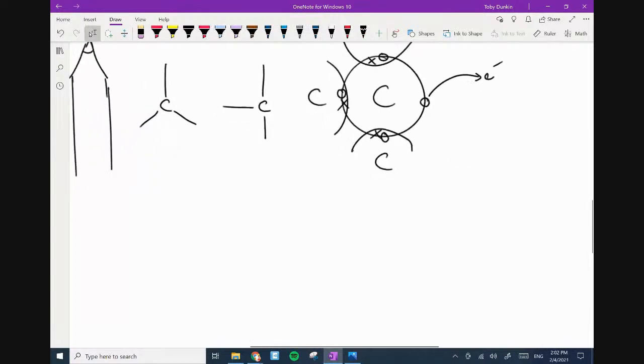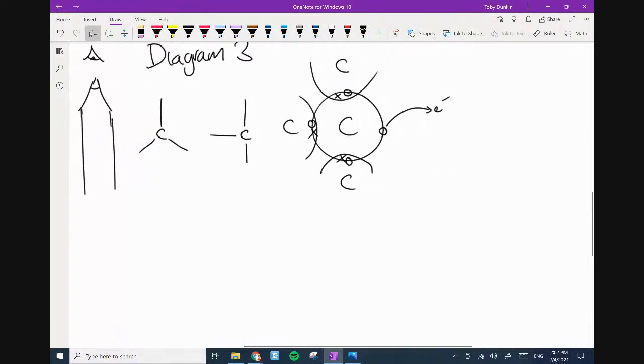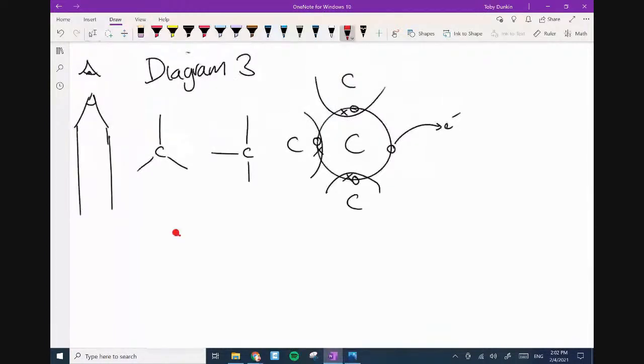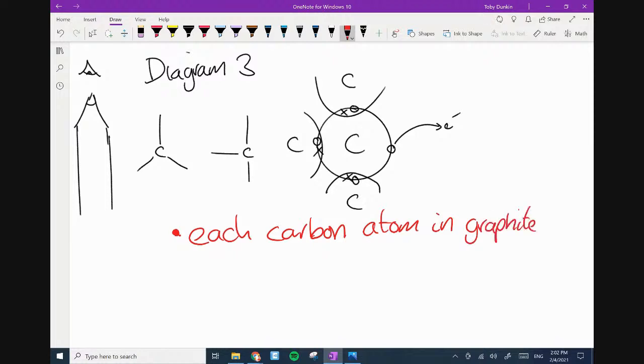So what is happening here is, let's put this into bullet points, and you're going to need these. Note this is now in red because it is very important. So each carbon atom in graphite forms 3 covalent bonds. 3 super strong covalent bonds.